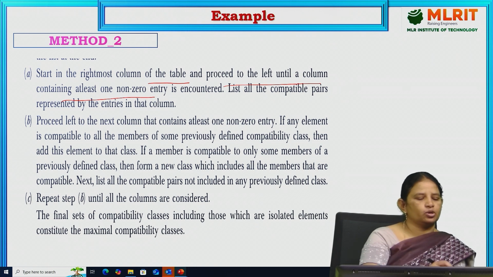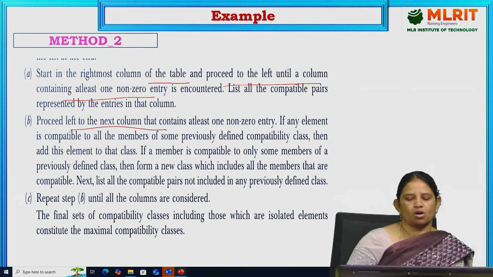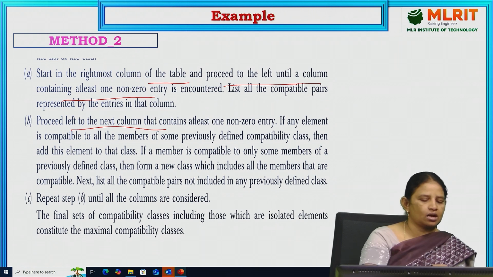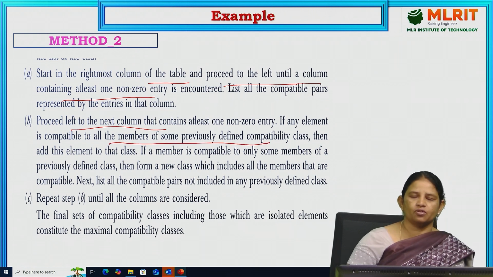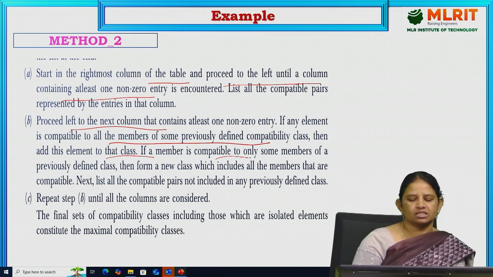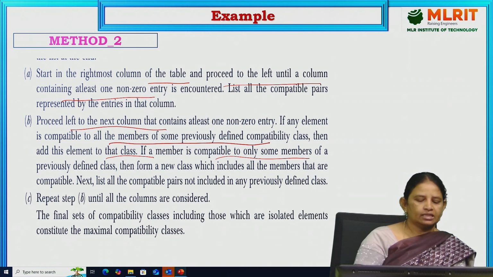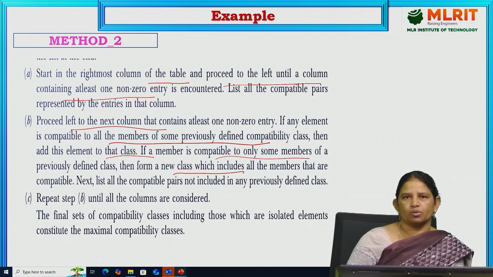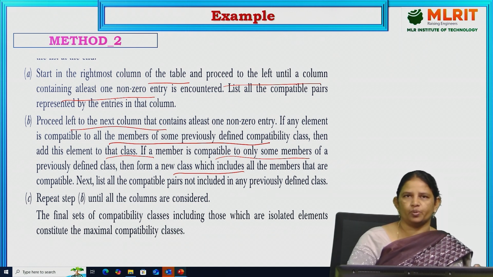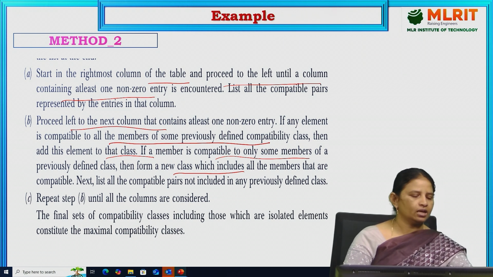Second, we proceed from the left to the next column which contains non-zero entries. If any element is compatible with all the members of an already defined compatibility block, then add this element to the class. If an element is compatible with only some of the previously defined members, then form a new class which includes the new members. This process is repeated until all the elements are involved in the compatibility blocks.